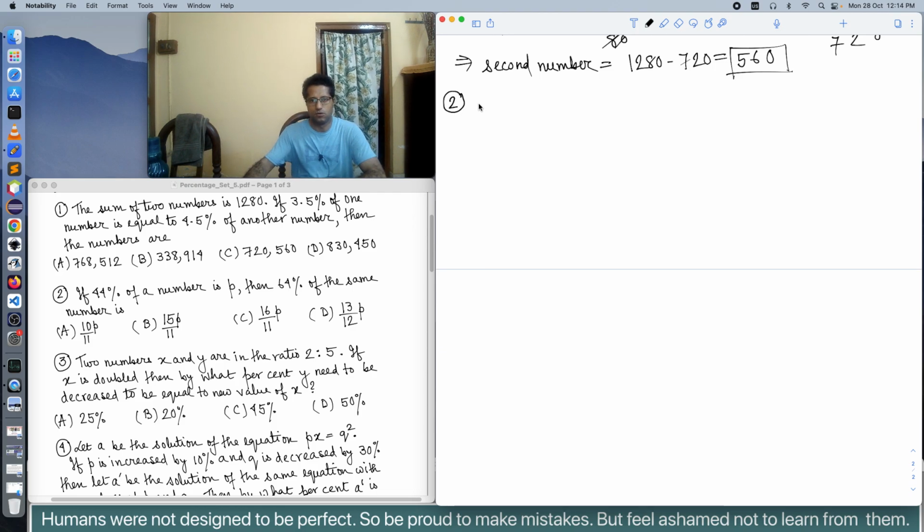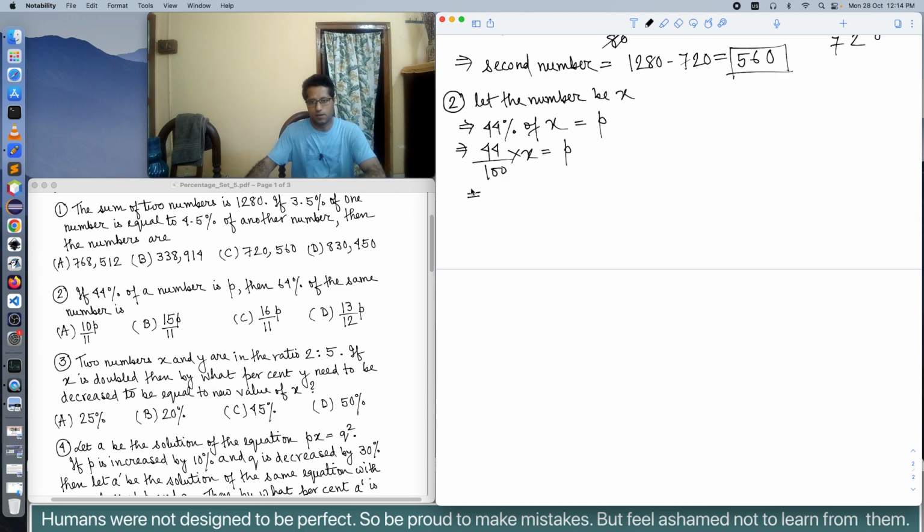Okay. So let the number be X. As per the given problem statement, we can say 44% of X is equal to P. Now this implies 44% of X means 44 divided by 100 multiplied by X is equal to P. This implies X is equal to P multiplied by 100 divided by 44.